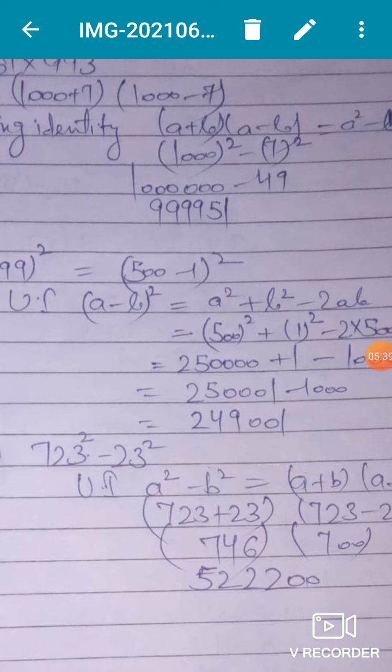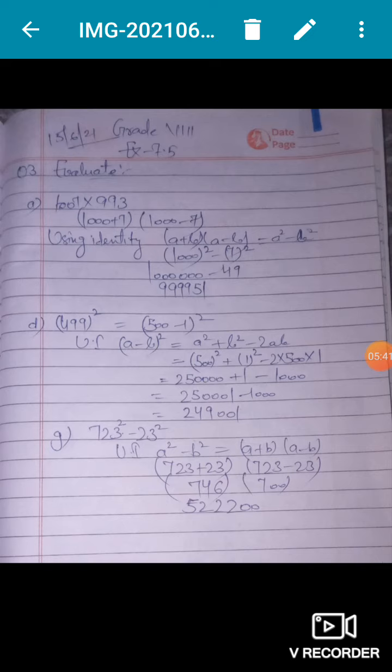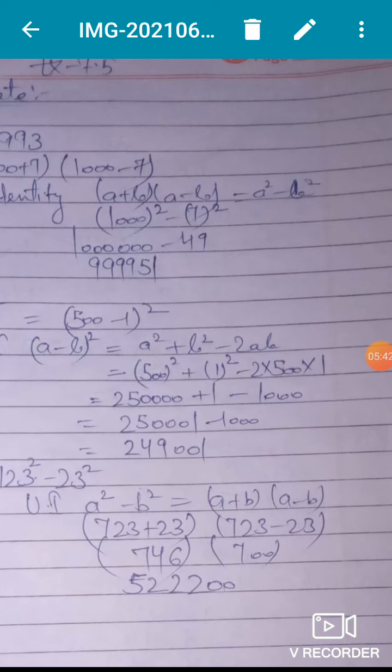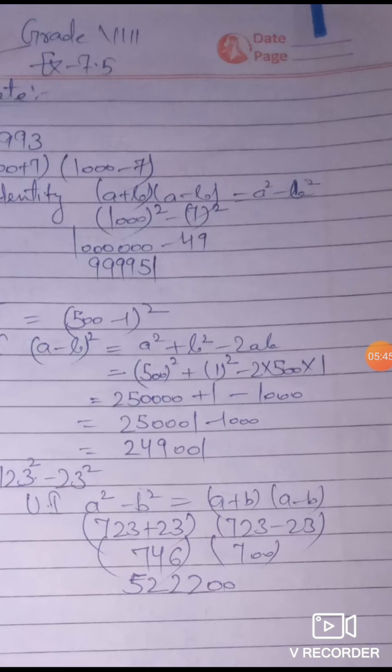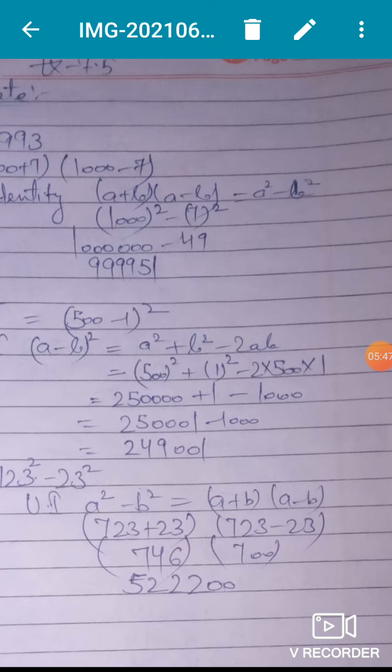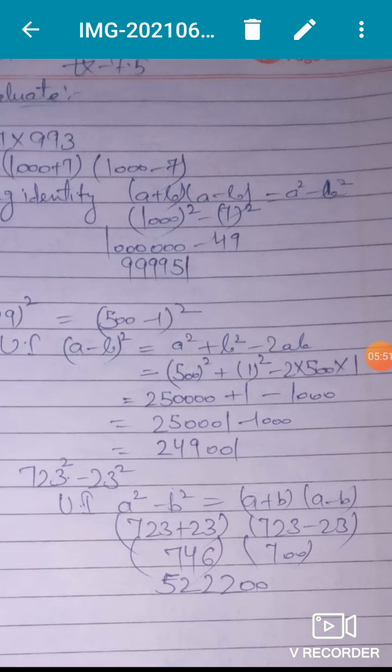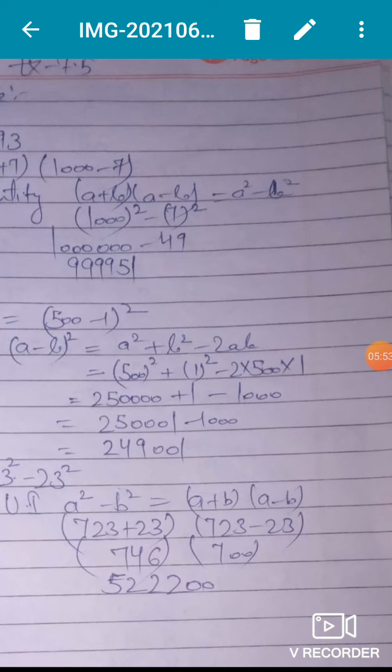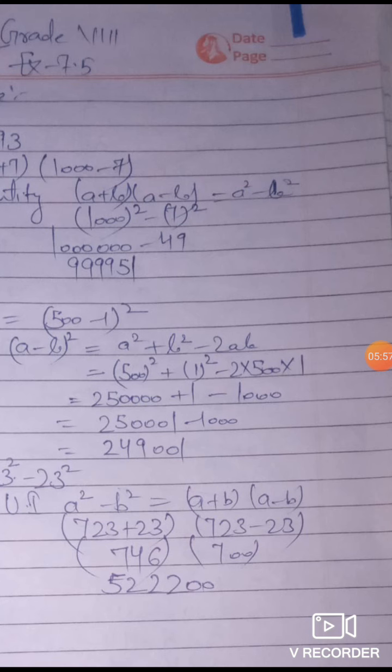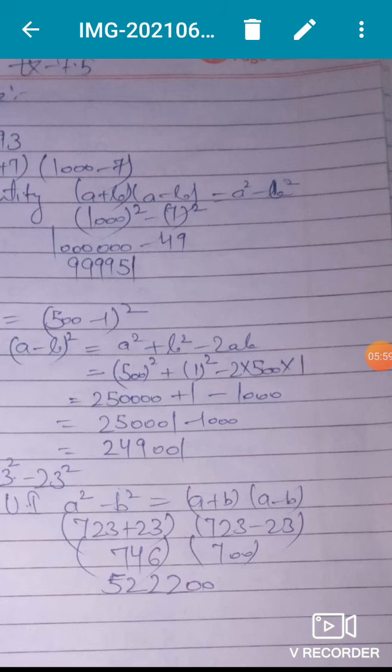And what is the identity of a square minus b square? a plus b, a minus b. Generally we use the identity on this side, that a plus b into a minus b is equal to a square minus b square, but in this sum we have to use the identity in the opposite direction. No problem, both are equal: a square minus b square is equal to a plus b into a minus b.